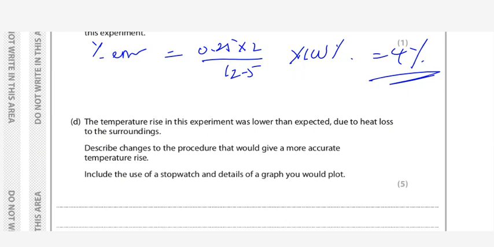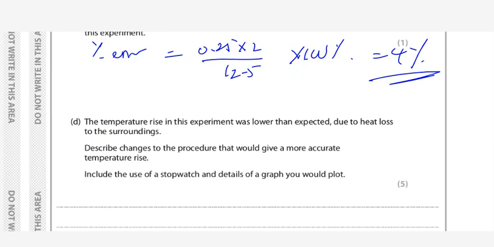Any specified time is fine. And then you record the temperature every 30 seconds or every 1 minute for the next 5 minutes, and you plot a graph of temperature against time.